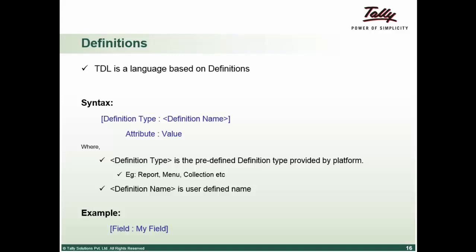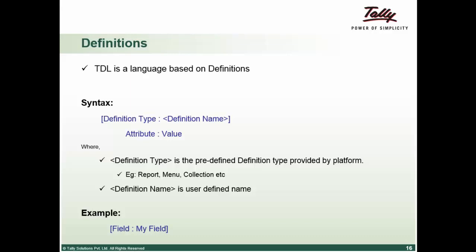The syntax is very simple. Open square bracket, definition type, colon, the definition name. All the definitions start with an open square bracket and end with a close square bracket. Definition type is the name from a predefined list of definition types available in the platform.